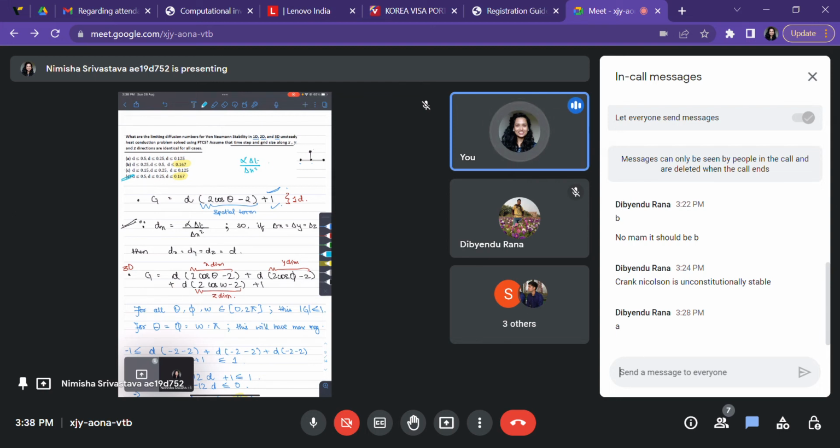So if this is small, then since my delta x is equal to delta y equal to delta z, this delta x square just means delta x square for all spatial lengths. Then the smaller the D is, the smaller would be my allowed time step.